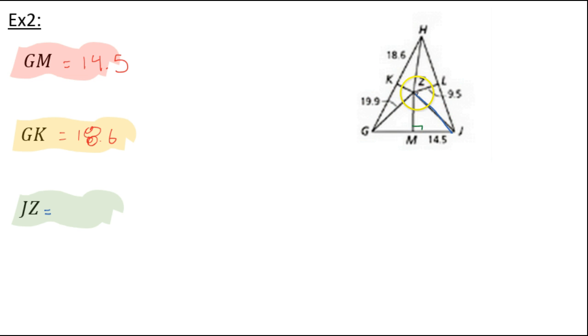Again, we know that all of these are going to be the sides of our perpendicular triangles. So if we know one of them, then we know all three of them. So if I know that all three are congruent, well, I know GZ over here is 19.9. That means JZ has to be 19.9. And we're done.